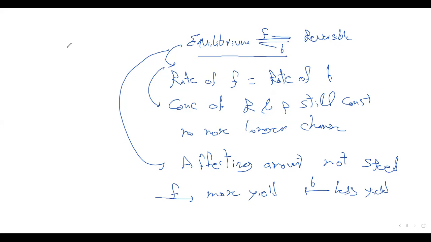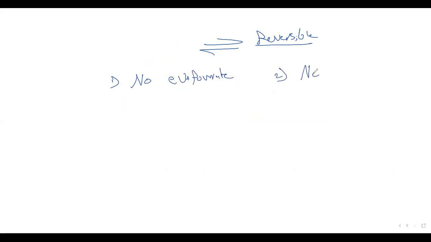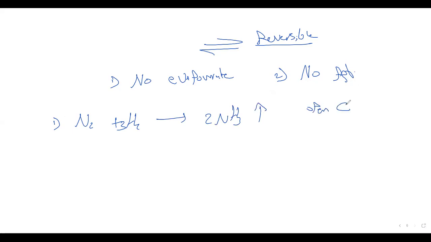For a reversible reaction, to make the reaction reversible, we must have, number one, no evaporates. Number two, no precipitates. Like, number one, if we have N2 plus 3H2 as gas going to NH3 as a gas in an open container, there is no reversible reaction.